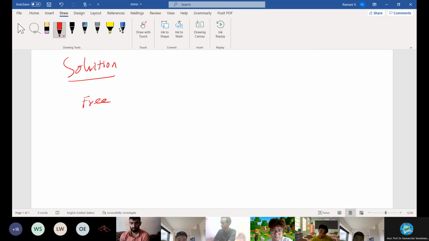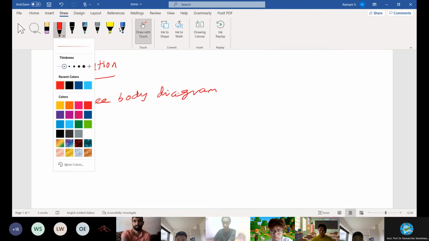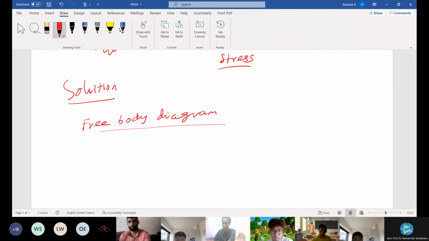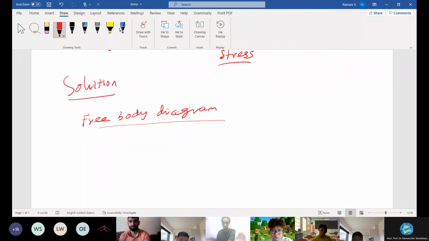Free body diagram. Let's start with the free body diagram. How do you do it? Start by taking the different sections. In the question it is given A, B, C, right? Can you see A, B, C? Have you taken the question over there?